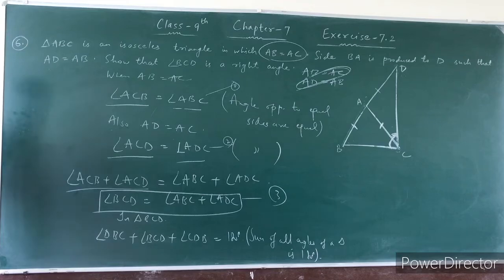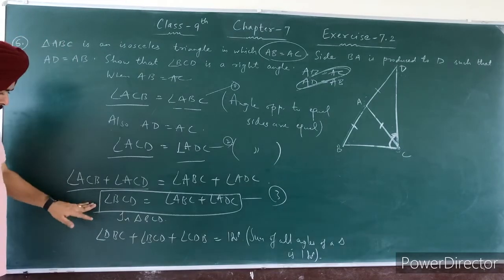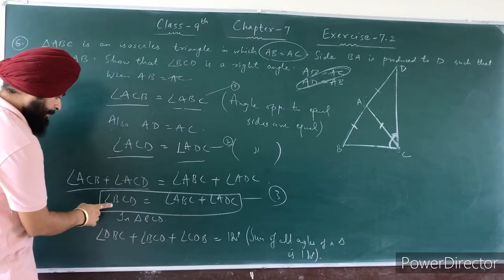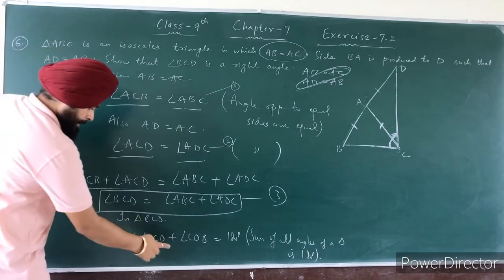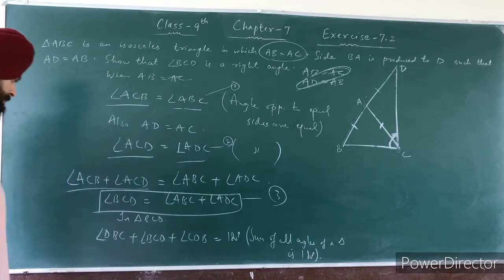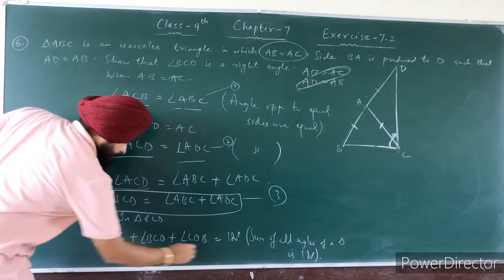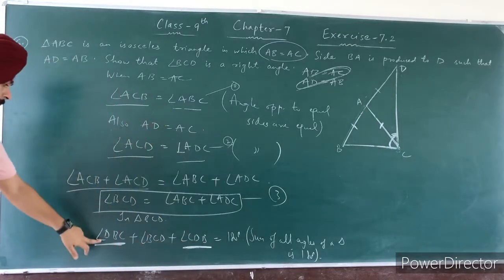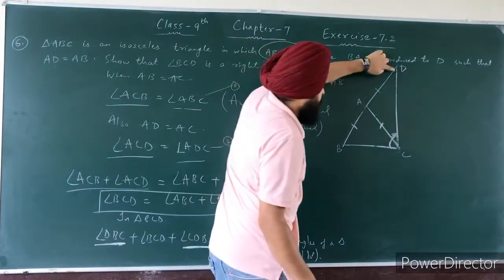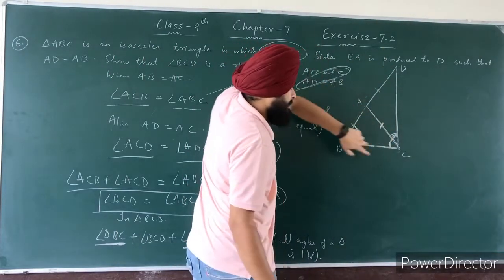Alright, now you can see this equation and this equation. Angle BCD comes in. Angle DBC is equal to angle ABC. Yes or no? It is equal.